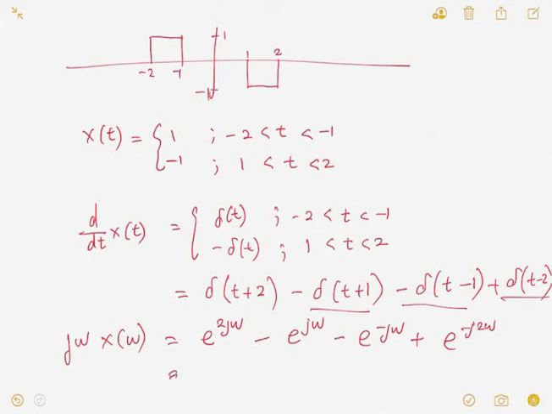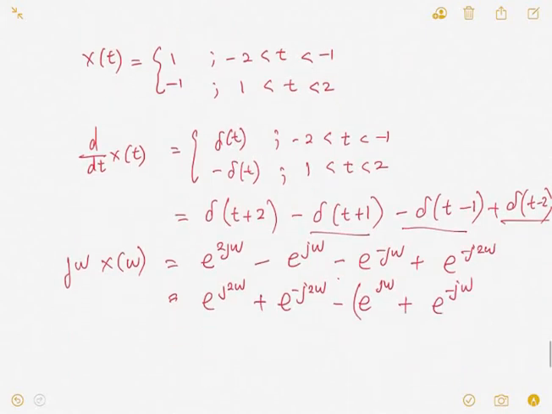Okay, and then you rearrange. You write exponent j2 omega plus exponent minus j2 omega, and then minus exponent j omega. And then this one is negative, so you have plus exponent minus j omega.